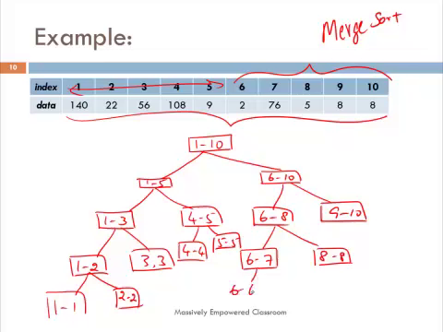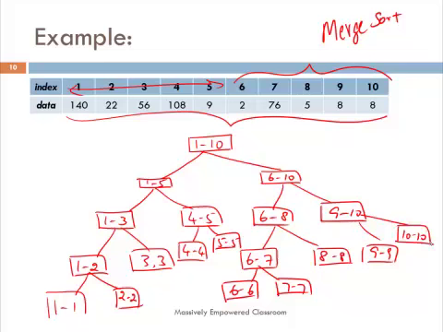Similarly, this gets divided into 6 to 6 and 7 to 7. And this gets divided into 9 to 9 and 10 to 10. So now we have 10 sorting problems. Instead of 1, we have got 10 sorting problems where each array has only one element: 1 to 1, 2 to 2, 3 to 3 and so on.